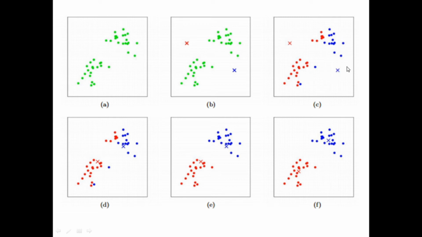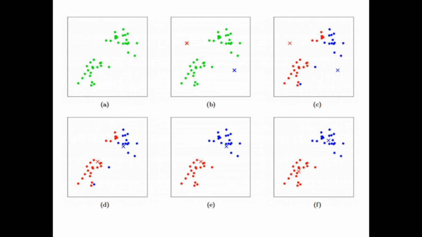Again, I am not relaxing myself; I am finding the centroid for this cluster as well as for this cluster. The centroid which I assumed previously is now getting shifted to here, and the blue cross centroid is also being shifted to here. So shifting of the centroid is happening.